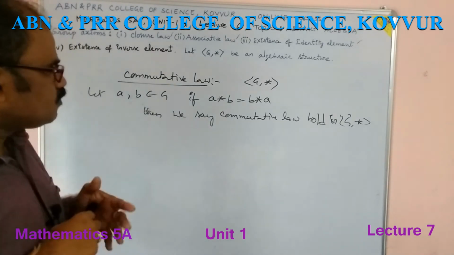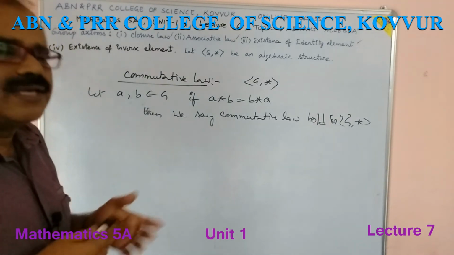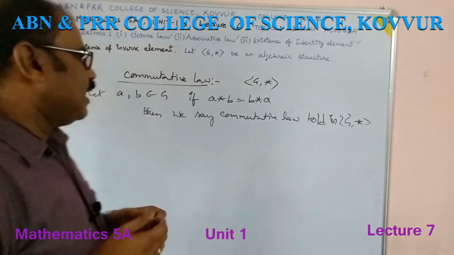If a group satisfies the commutative law, then we say that group is an abelian group.